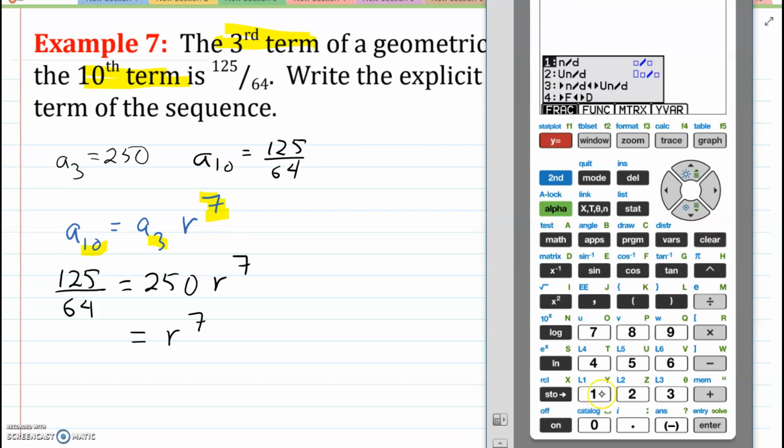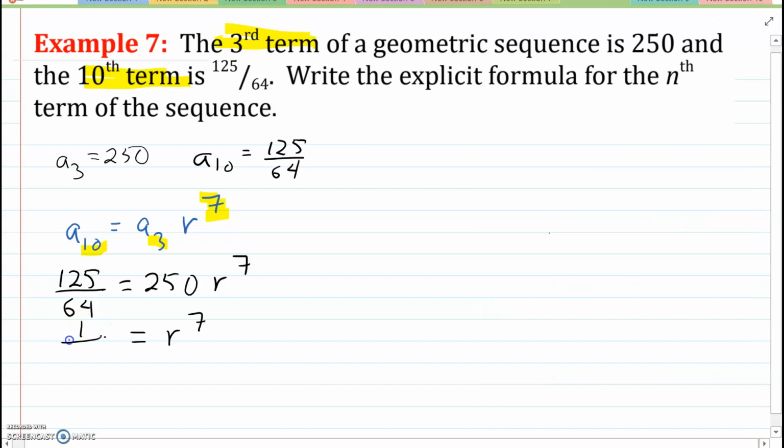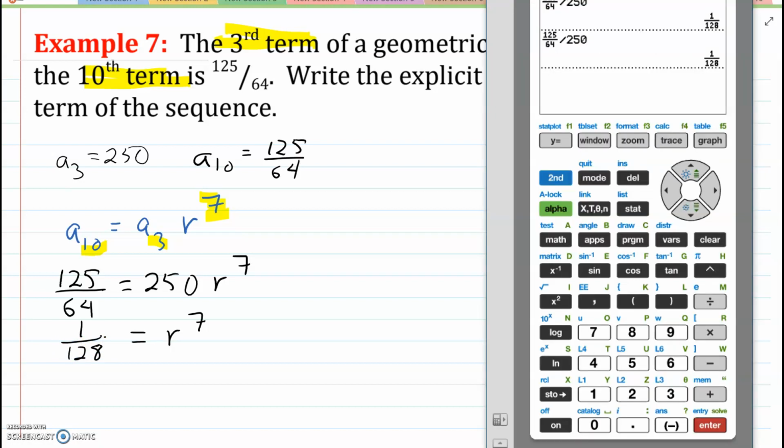Let's go with 125 divided by 64, and then I need to divide that by 250. All right, and so I'm now looking at 1/128th.